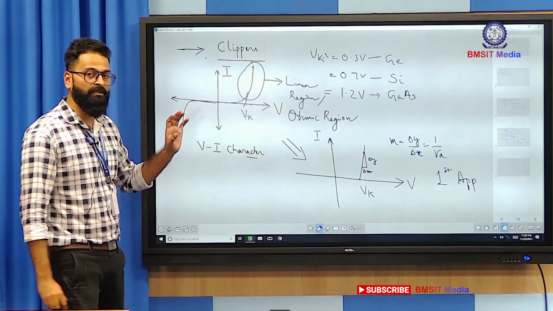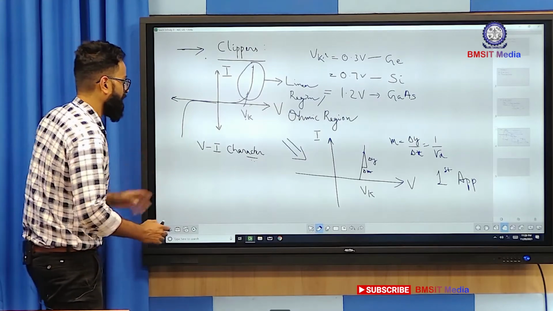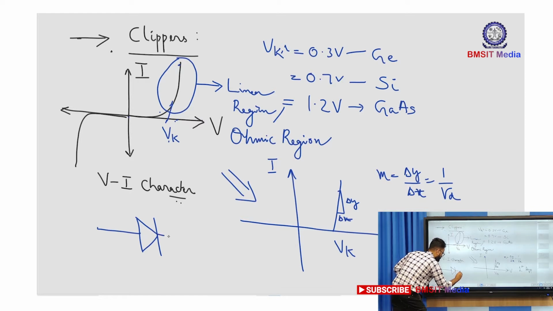So based on this characteristics, the equivalent circuit of the diode can be drawn something like this. So let's consider an ideal diode. Okay. Followed by the barrier potential.